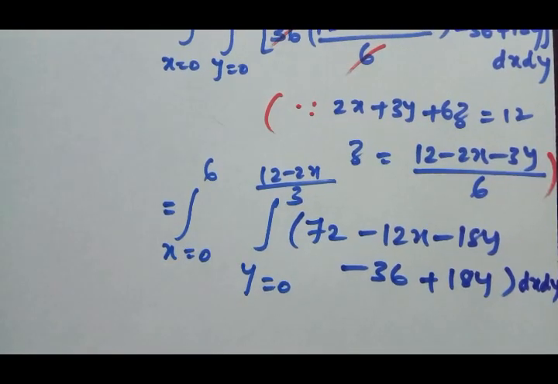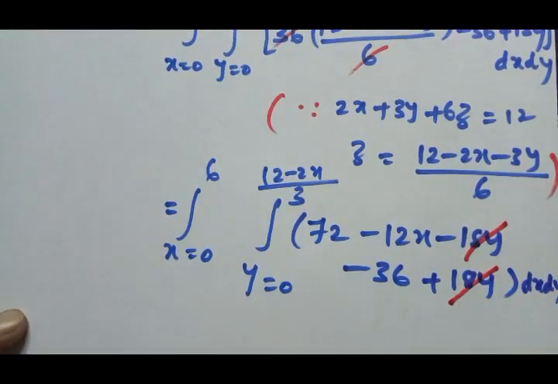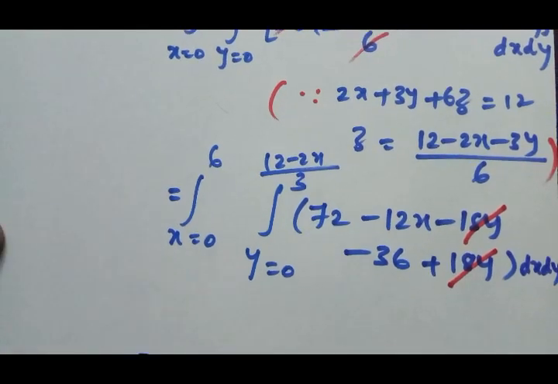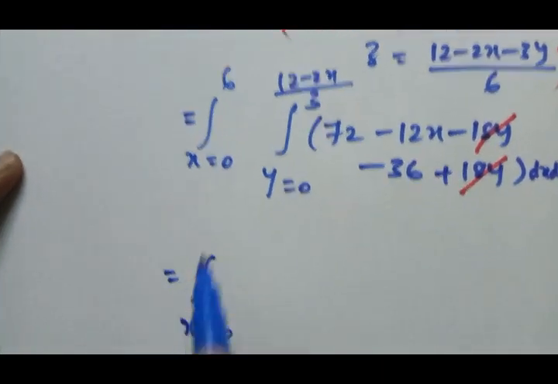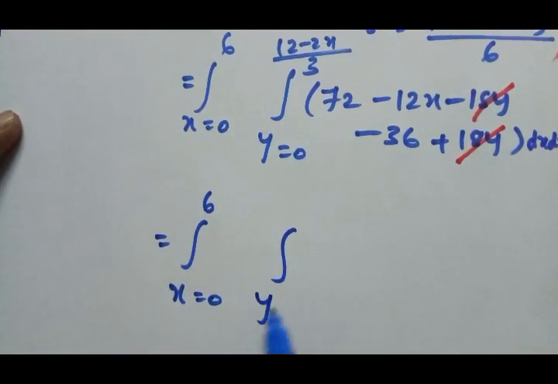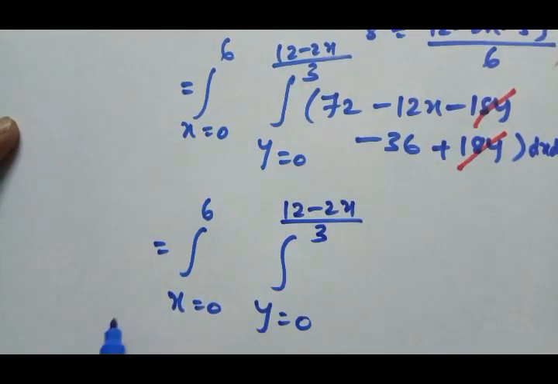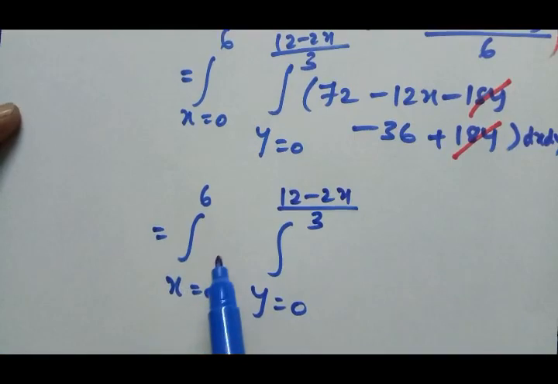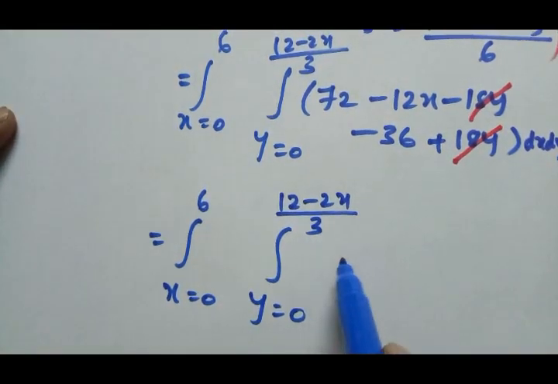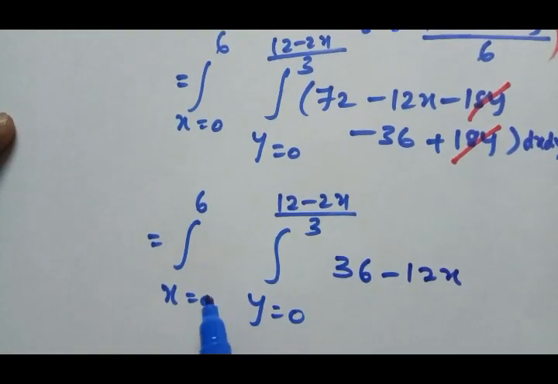Therefore, plus 18y minus 18y gets cancelled. Therefore, this is equal to integral x equal to 0 to 6 and y is equal to 0 to 12 minus 2x by 3, 72 minus 36, that is equal to 36 minus 12x.